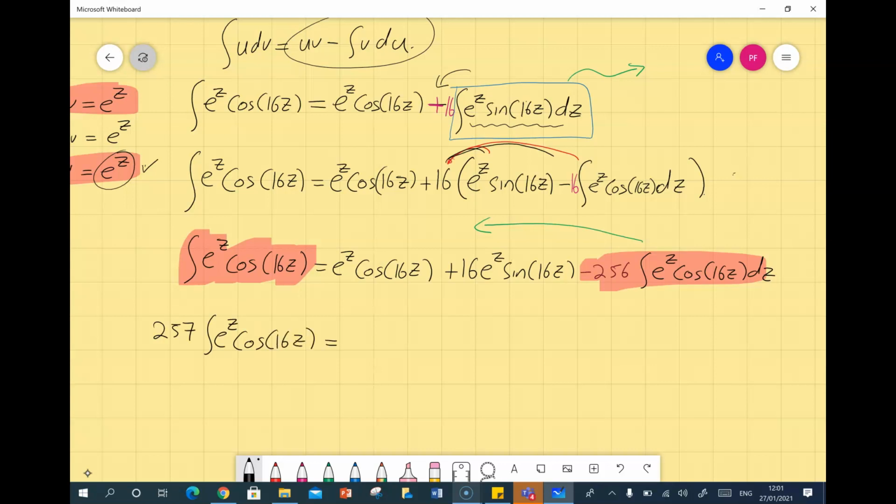Is equal to e to the power of z cosine of 16z plus 16 e to the power of z sine 16z.